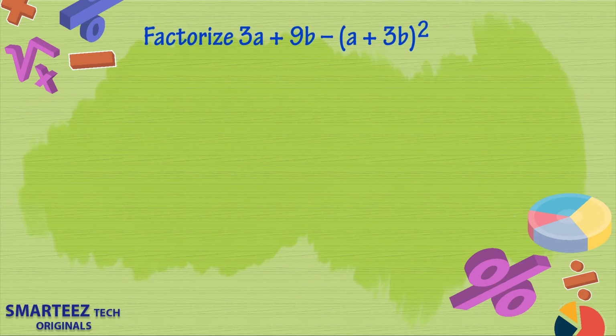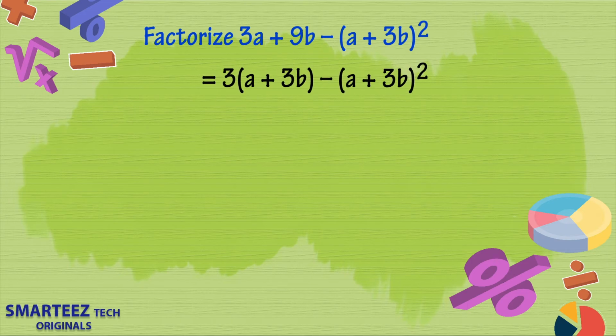Factorize 3(a plus 3b) minus (a plus 3b) the whole squared. Solution. It doesn't seem obvious what the common factors here are. This requires an extra step to identify the common factors. Let's see how this expression is factorized. 3(a plus 3b) minus (a plus 3b) the whole squared.